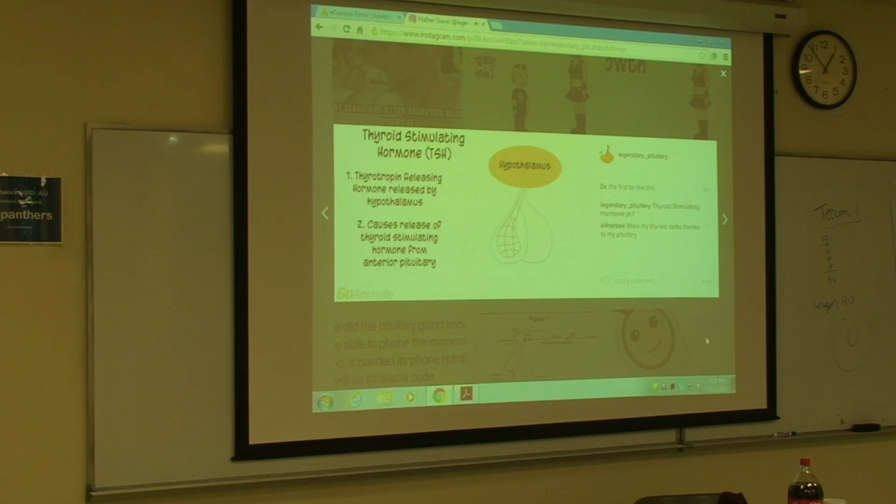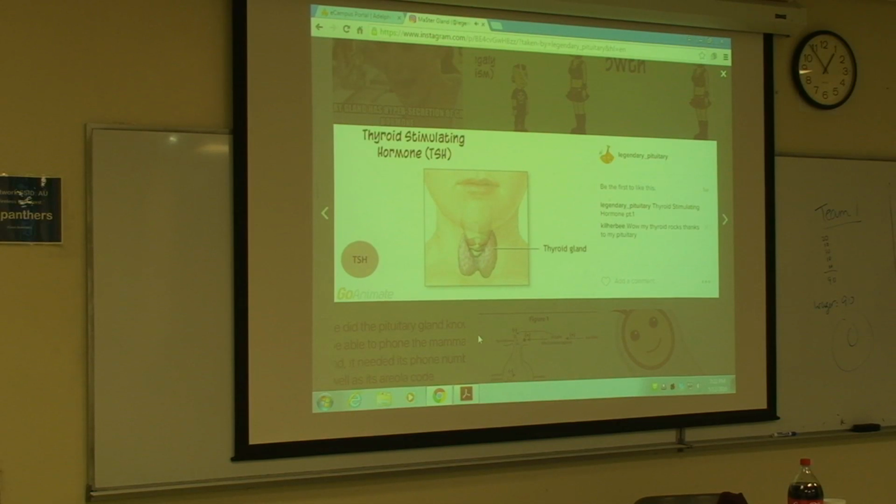TRH travels through the blood vessel system to the anterior pituitary and causes the release of TSH. TSH targets the thyroid gland and facilitates the release of two thyroid hormones, T3 and T4.